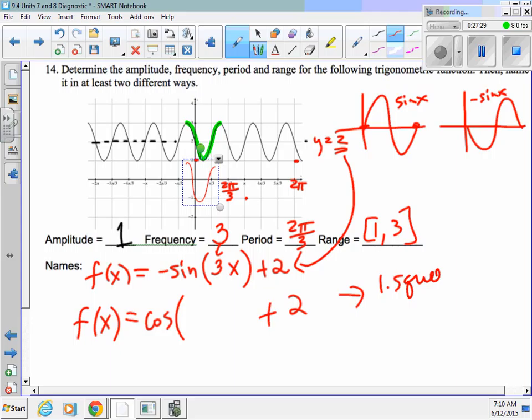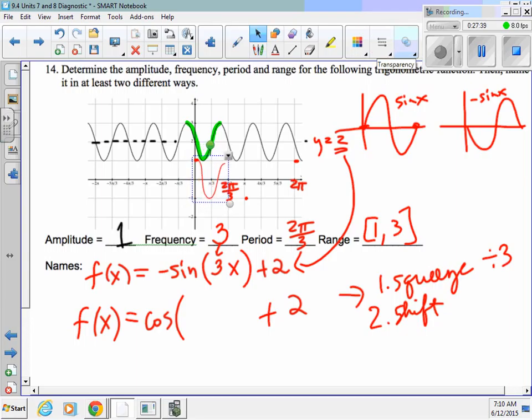I squeeze first, then I shift. And people do these different ways. I think this is the easiest way to do it. We have to squeeze first, then shift. So squeezing, I'm dividing by 3 this time. And shifting, the shift we didn't discuss yet, I'm moving this over by, well, if this is negative pi over 3, this is all symmetric. I'm moving this over by pi over 6 to the left. So now I have to create a function that inverts that. So here's my function.